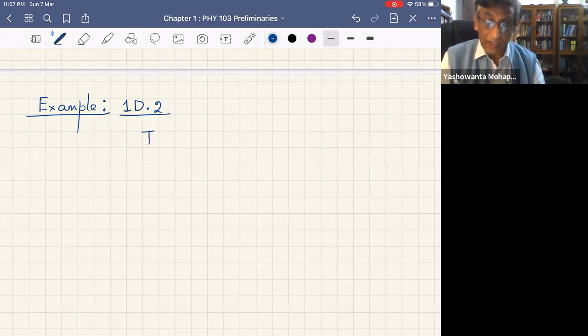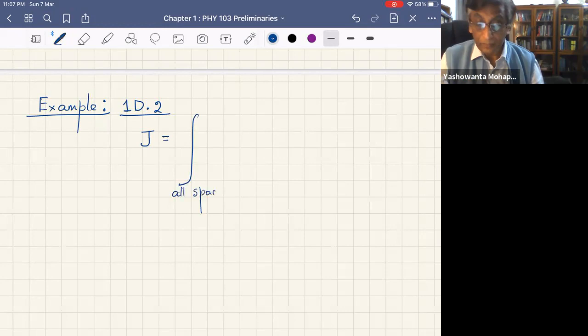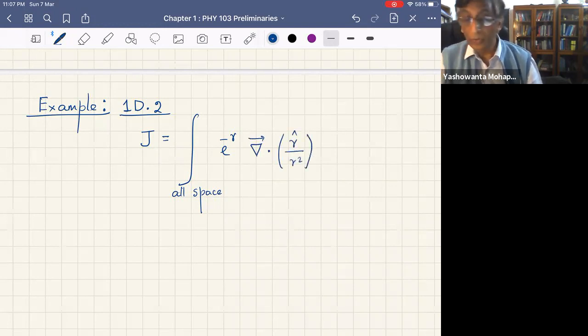Let's calculate this for all space: e to the power minus r, exponentially decaying, times divergence of r hat by r square, d tau.